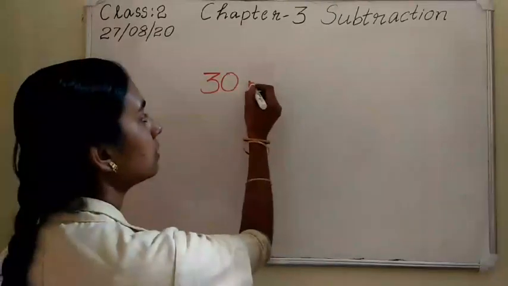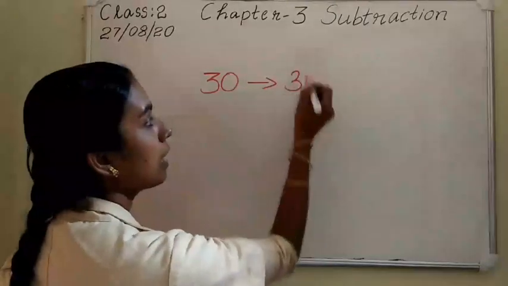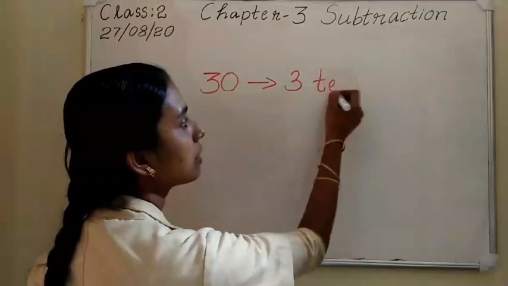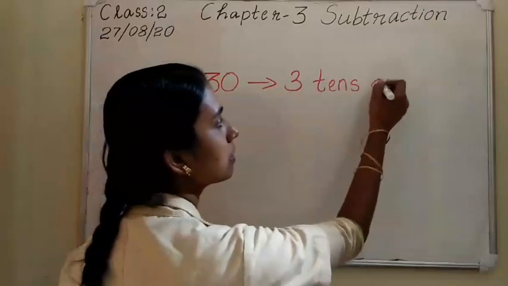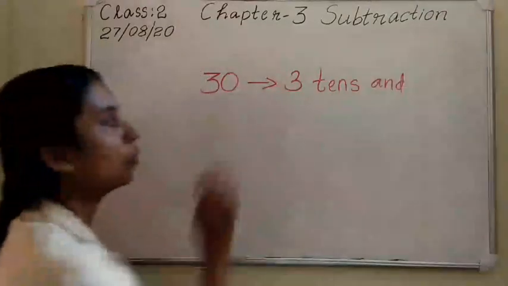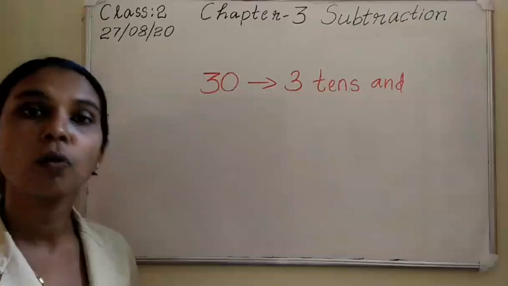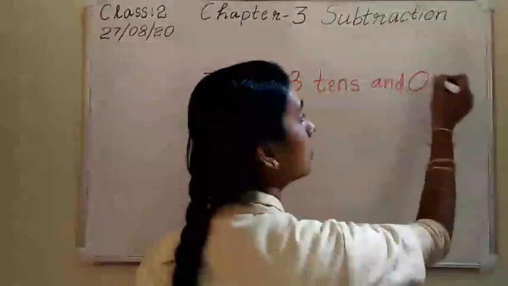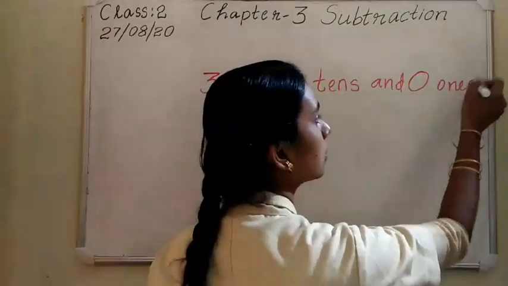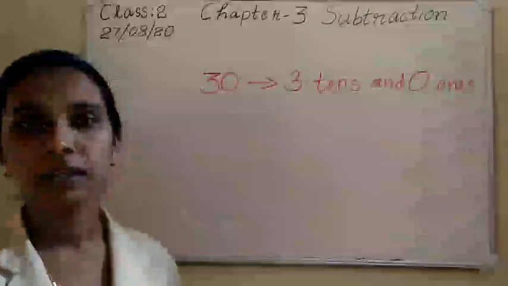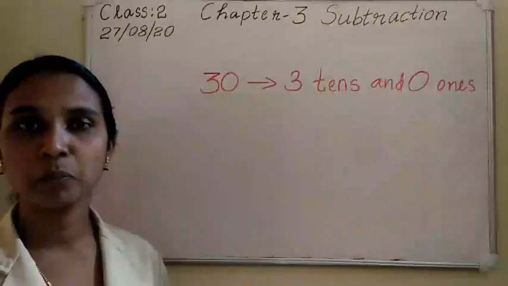So we can write this number has 3 tens and 0 ones.